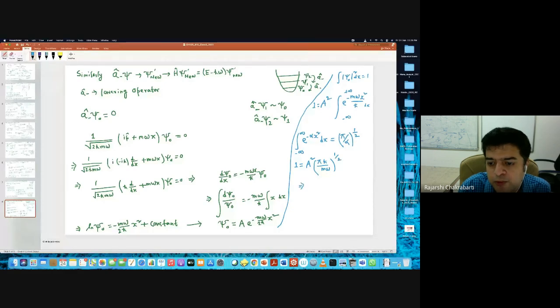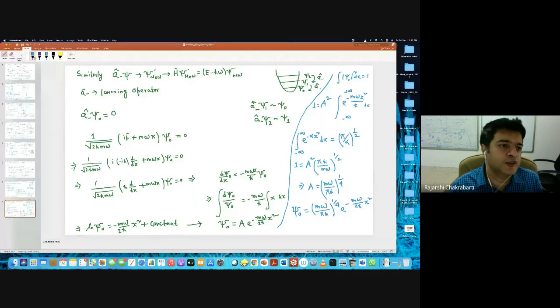So this gives you A, and then the actual normalized psi 0 is going to be this.